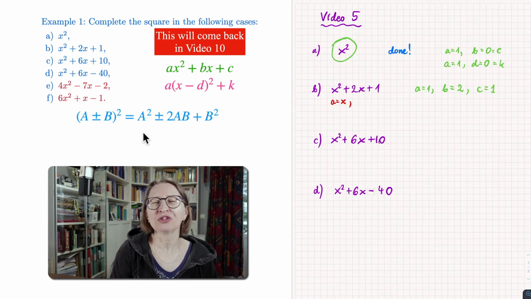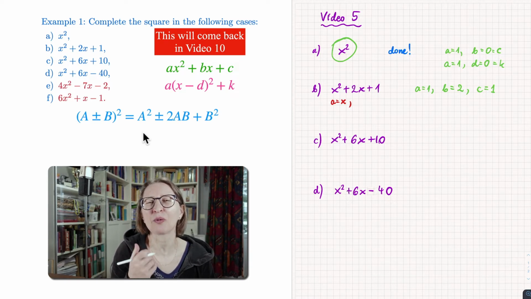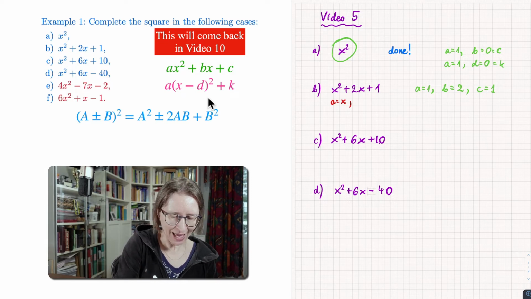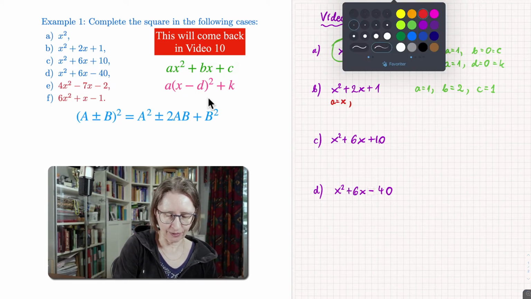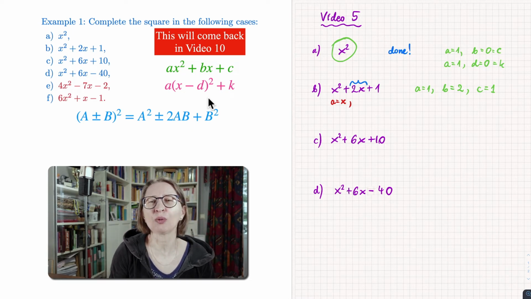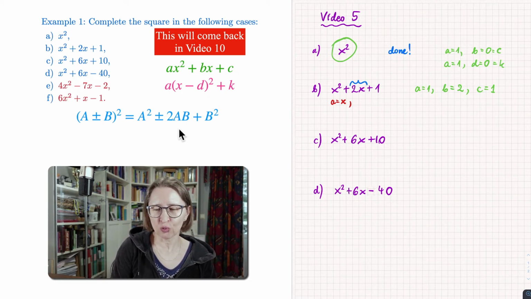And how do we have to choose our B in order to be able to use this formula for rewriting our expression into this form? Well, listen carefully. We want this here to be our double product.